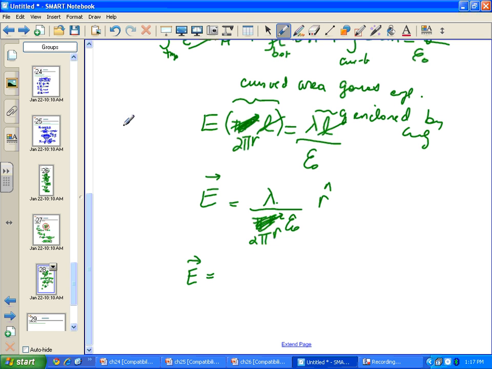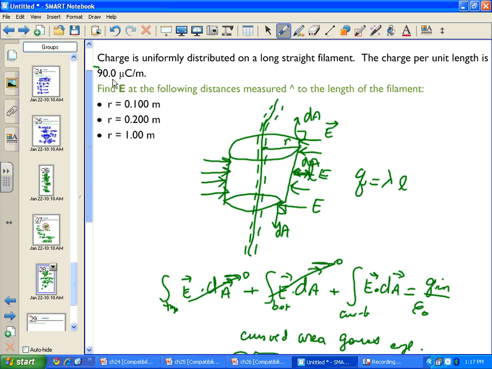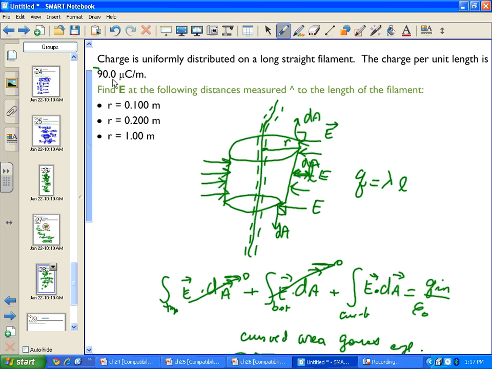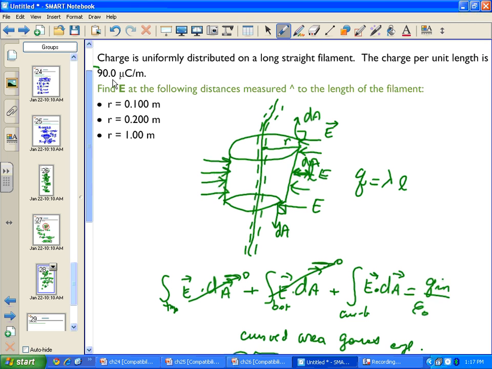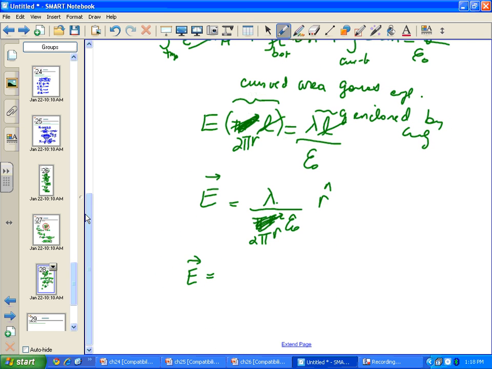And let's see. They wanted us to get the electric field at 0.1, 0.2, and 1. Well, we'll go ahead and just do 0.1 because the others are just a matter of seeing that the electric field drops off as 1 over r. So let's go ahead and find the electric field at the position 0.1.